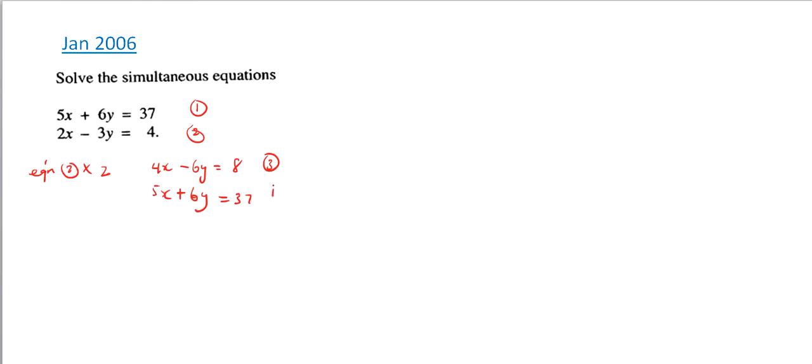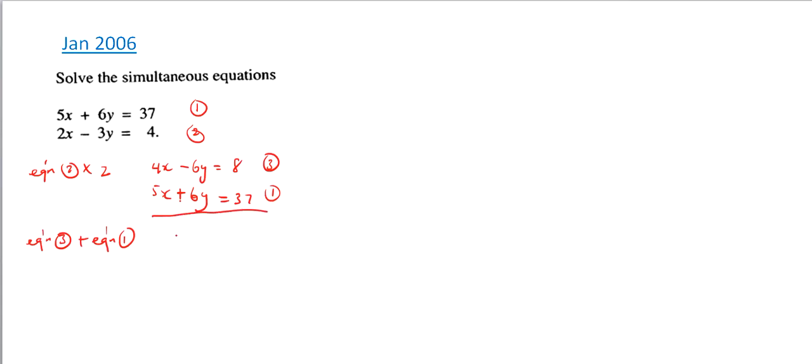And that is equation 1. So we can eliminate the y's by adding the two equations. So we say equation 3 plus equation 1, and you can look at it as just an addition we are doing here.